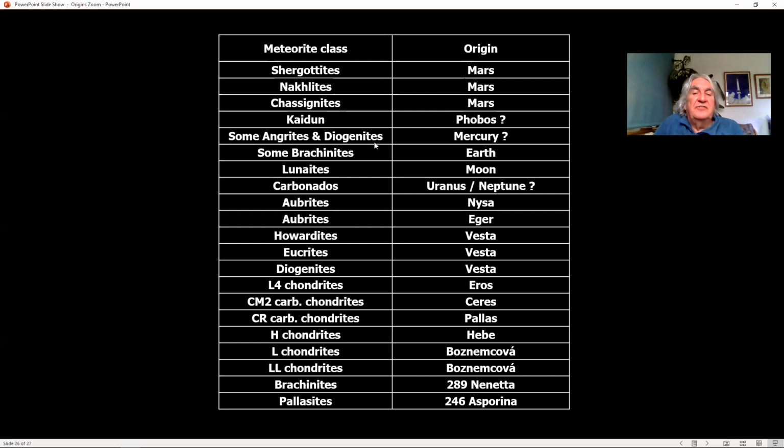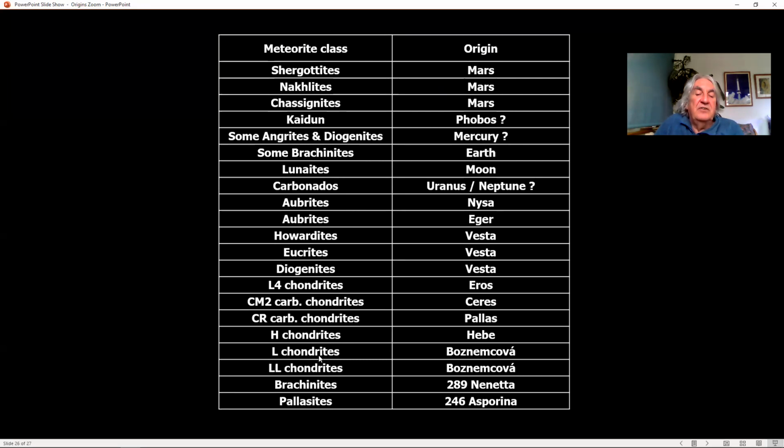As we said before, Angrites and Diogenites, NDA 2999 and 7325, among others, have the right chemistry to be from Mercury, Braconite from the Earth, Lunites, as we've seen, from the Moon, and then we go down to HEDs from Vesta, and Diogenites from other asteroids. Then we're talking about meteorites with a high content of metal, and L chondrites with a low.